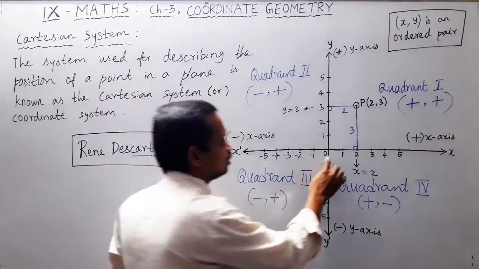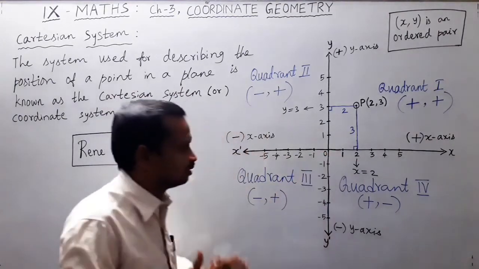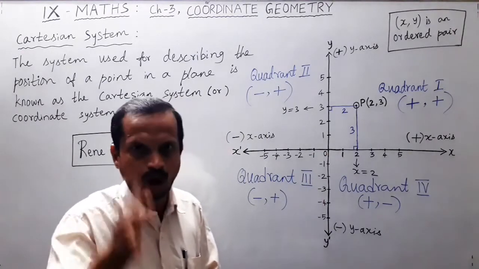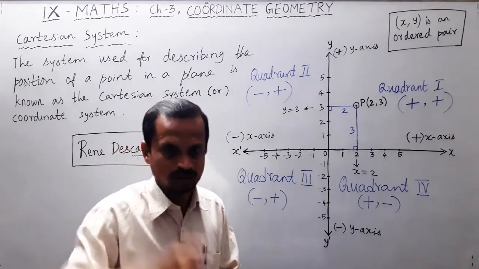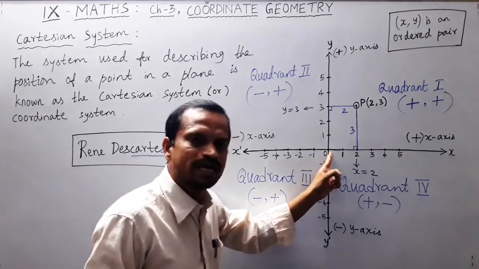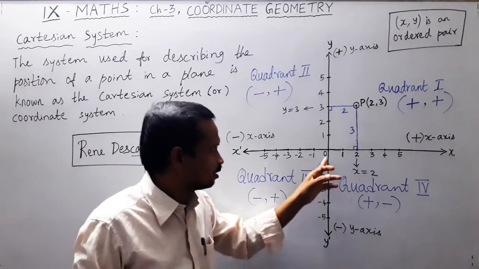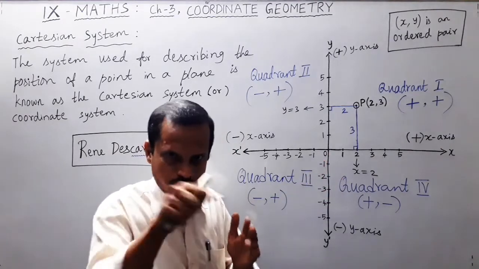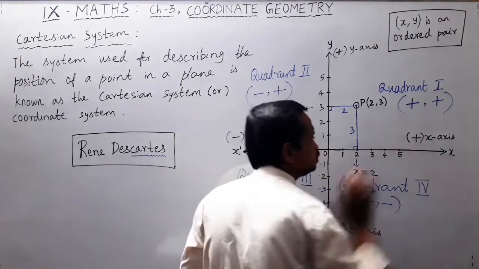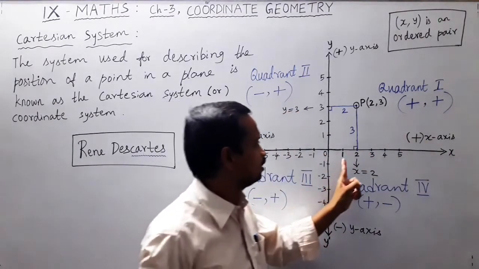The point of intersection of both axes is always called the origin. That is the source. You can say this point as O, where the value is 0. From 0, 1, 2, 3, 4, 5, this is the positive x-axis, only positive values.